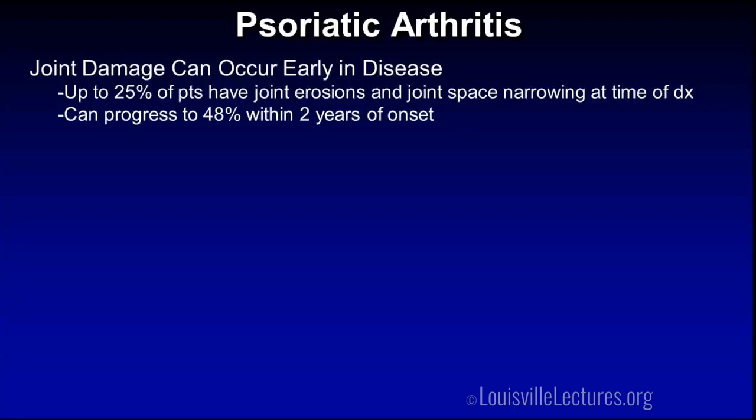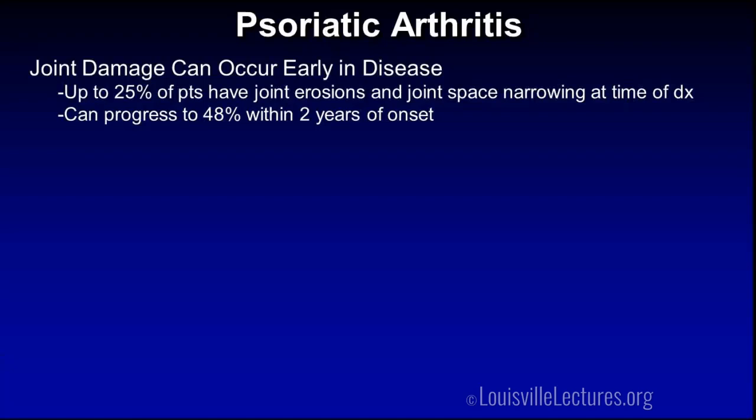With the joints, you can get destructive changes that are permanent and will, from that point forward, negatively affect a patient's quality of life and potentially their ability to work and do activities of daily living. And studies have shown that those permanent changes can occur very early in disease.